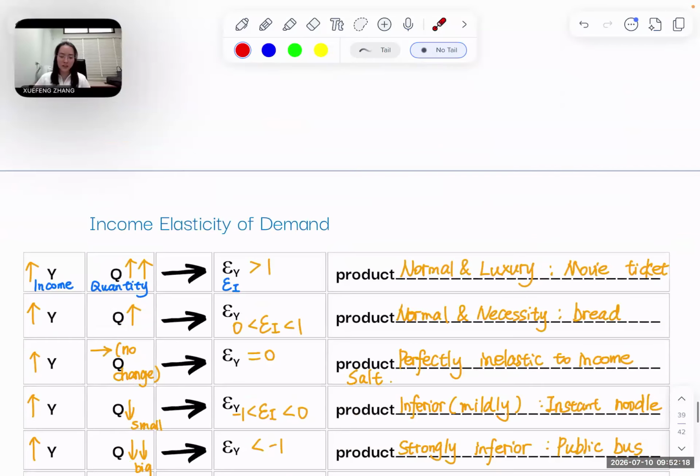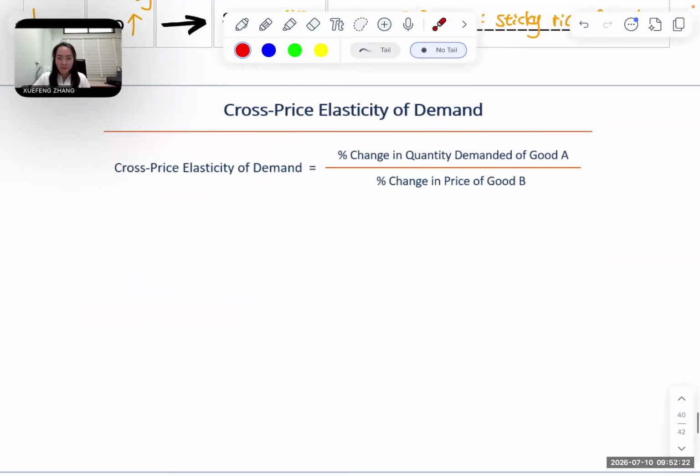Okay, we finished income elasticity. The last type is cross-price elasticity. Now we are comparing two different goods. How does the quantity demanded of good A respond when the price of good B changes?